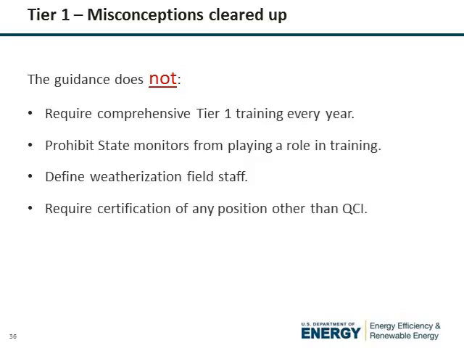Tier 1 training, the guidance, doesn't define who the weatherization staff are that you're going to train. This is your program. It is your decision to decide who gets training and who receives training dollars. So you may well decide that the only folks that you want to train in your program are your auditors and your inspectors, and the crew leaders and the installers.